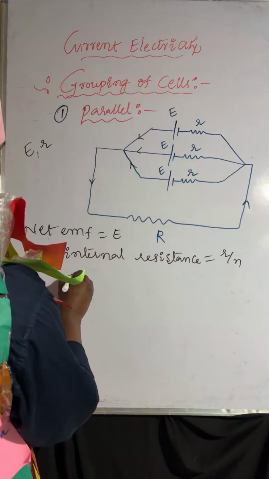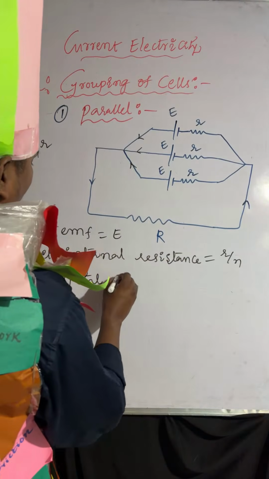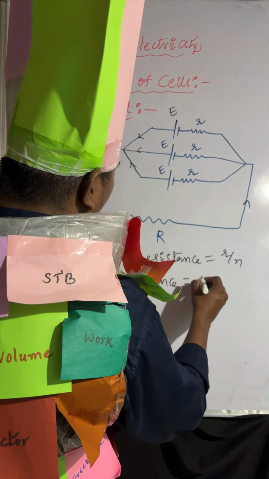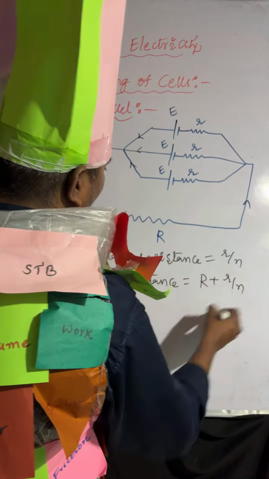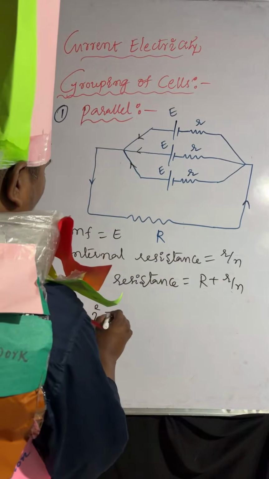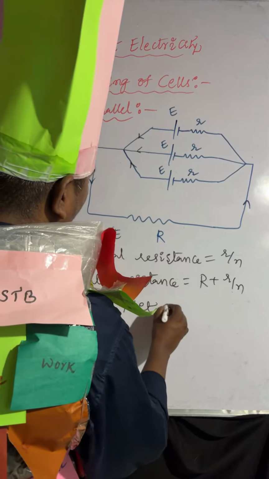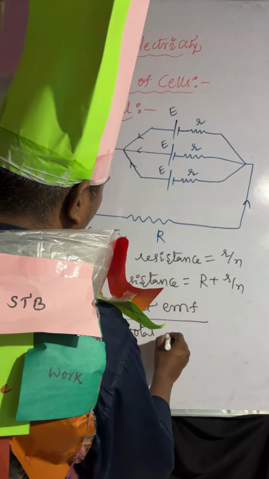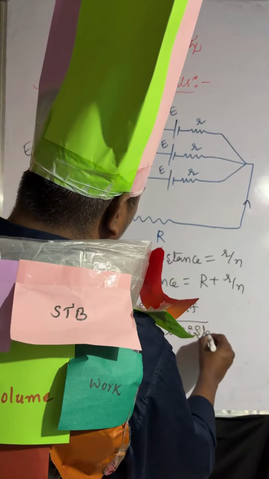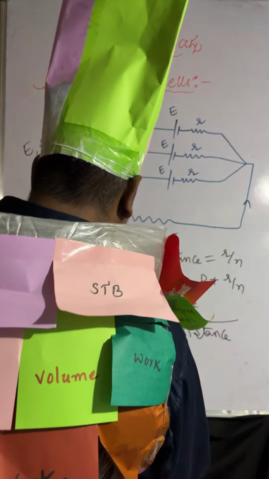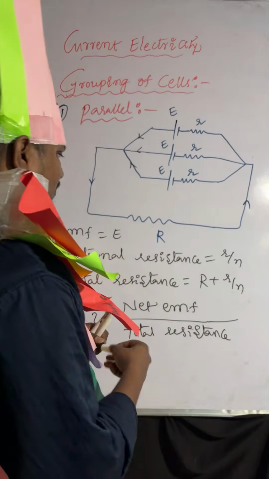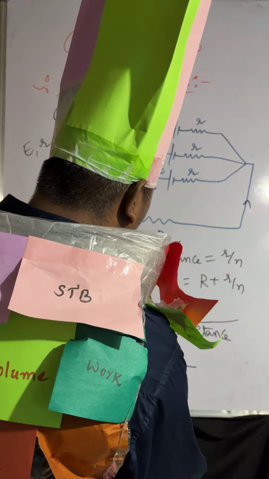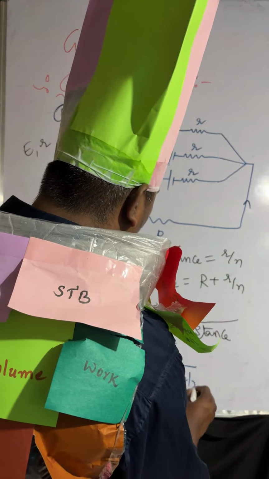Next, total resistance is nothing but R plus r by n. Then I equal to net EMF by total resistance. Then you'll get I equal to E by R plus r by n.